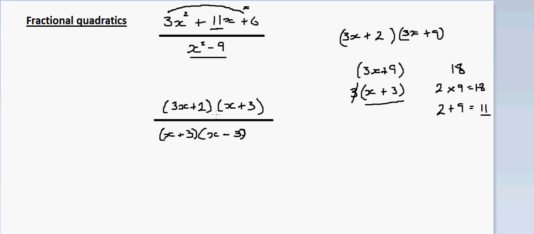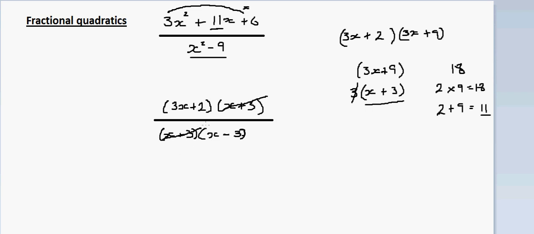Now if you're unsure about this, multiply the brackets out and prove to yourself that you do get this answer. So 3 times x, 3x squared, 2 times 3 gives me 6, 2x plus 9x gives me my 11x. So I know it's true. Now the other clue as well is that x plus 3, can you see an x plus 3 on the bottom? They are the same.